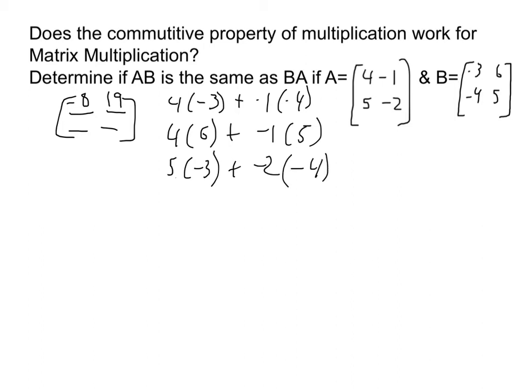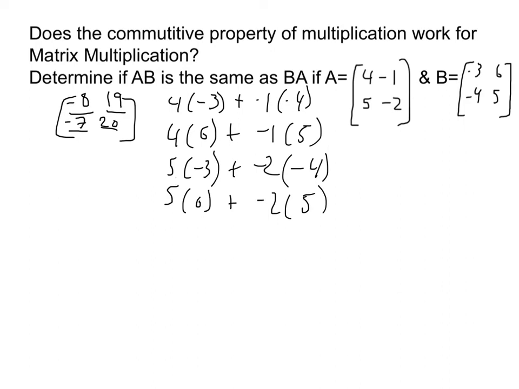So that's negative 15 plus 8 is negative 7. Okay, and then finally we've got second row, second column. So second row times the second column is 5 times 6 plus negative 2 times 5. 5 times 6 is 30, negative 2 times 5 is negative 10, so that's positive 20.